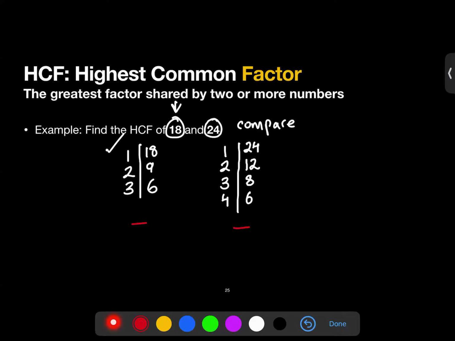Can anyone find which number that would be? Correct. 6 is a factor in both sets, and it's the greatest factor. So the highest common factor between 18 and 24 is 6. So everyone understands highest common factor, how we can find it?